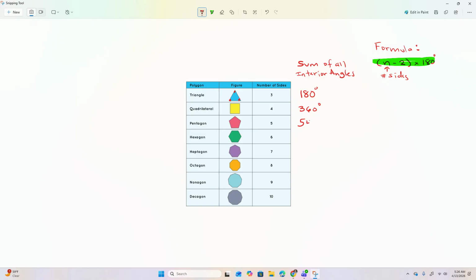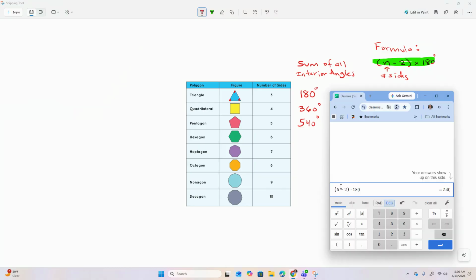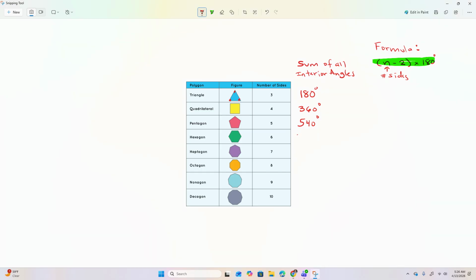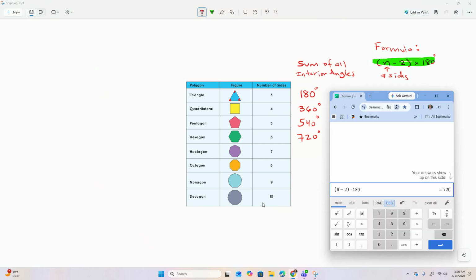The next one is hexagon. What does hexagon mean? A 6-sided flat closed shape. So again, using the calculator, I'm going to replace the N with 6. 6 minus 2 times 180. You can see 720. You can see how quickly this is done with the calculator.